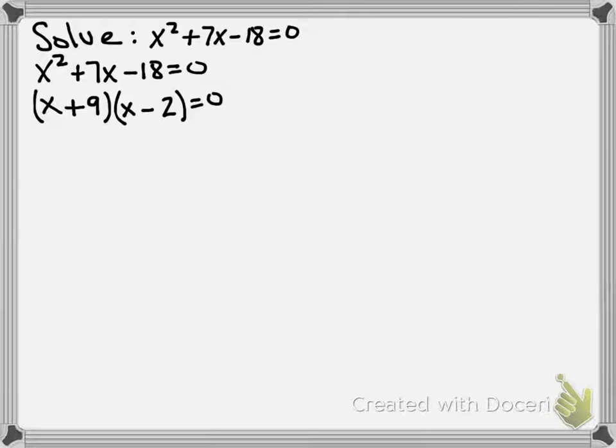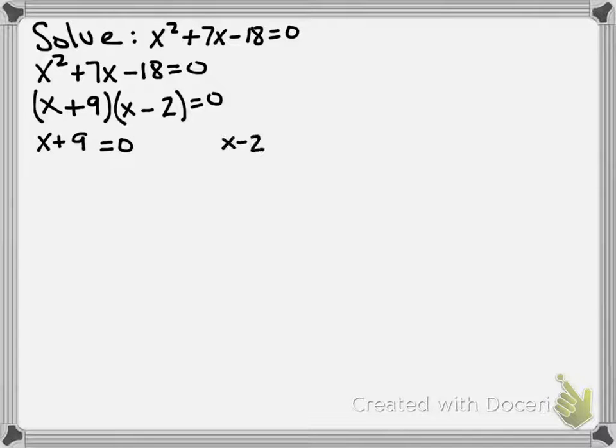The expression x plus 9 times the expression x minus 2 equals 0. Now we have to apply the 0 product property just like we did before. We take the first expression, set it equal to 0, take the second expression, set it equal to 0, and get x by itself.